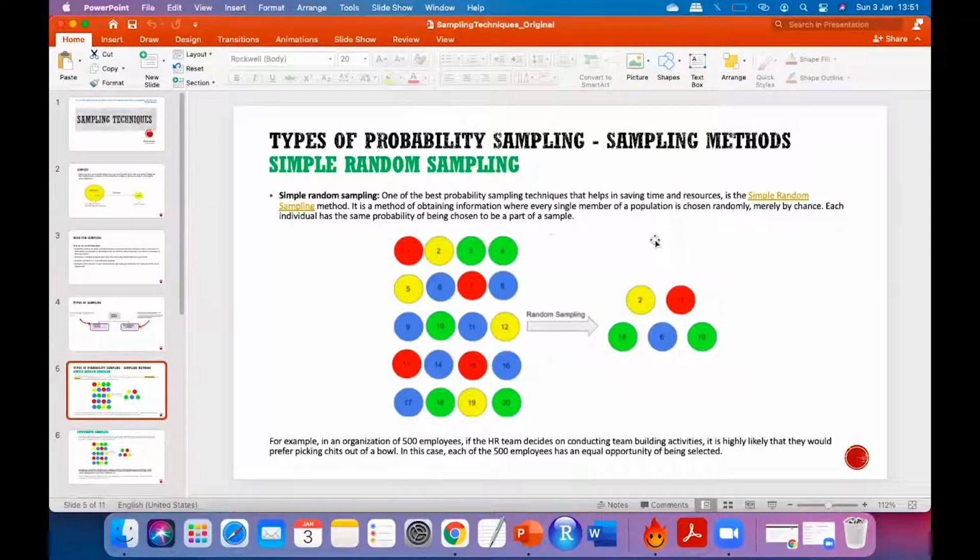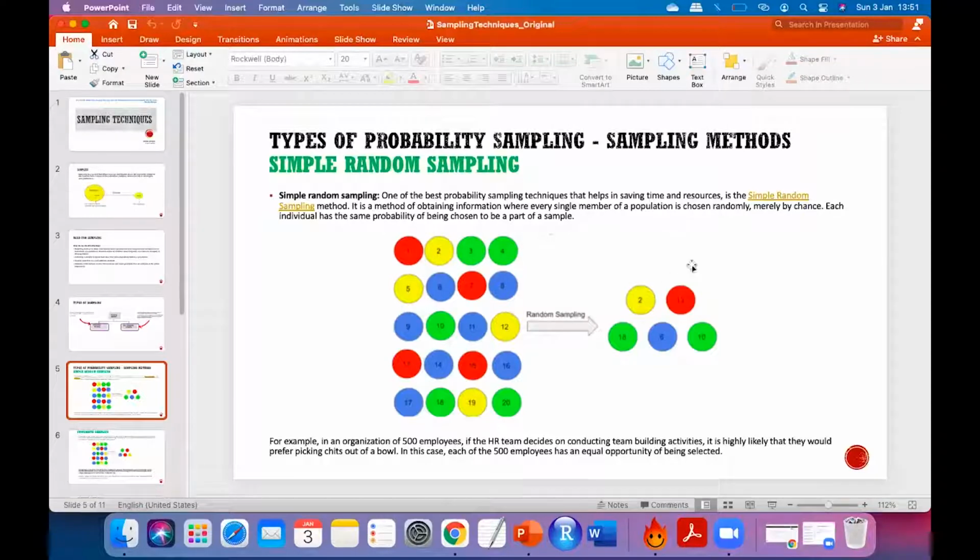So in a way, probability is involved. And what is the method? How will you explain this method? Out of the total population I have, I'll simply randomly choose a number of objects equal to the sample size I want.